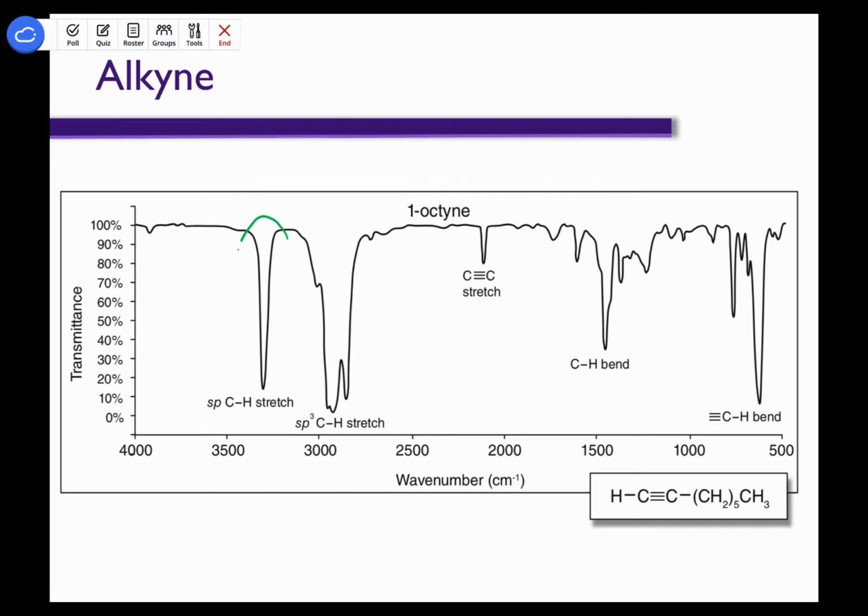Here we can definitely see a unique peak happening that is not in the alkane region, and we can see it's around 3,300 wave numbers or so, and that falls under our sp carbon hydrogen stretching, and we can see its relative intensity is strong. You can see that this peak stands out. It's bold, it's intense, it dips quite a ways down, so it's easy to identify. It's very diagnostic. So this is our sp carbon hydrogen stretch.